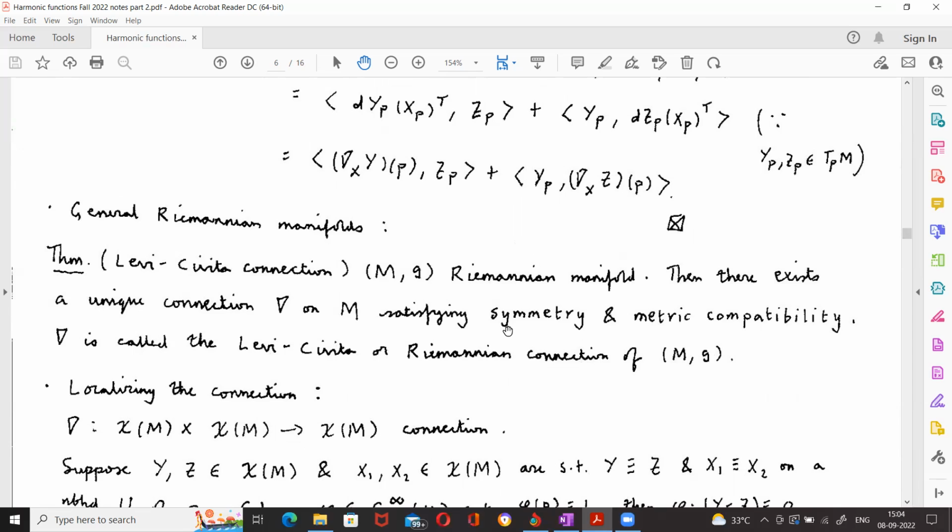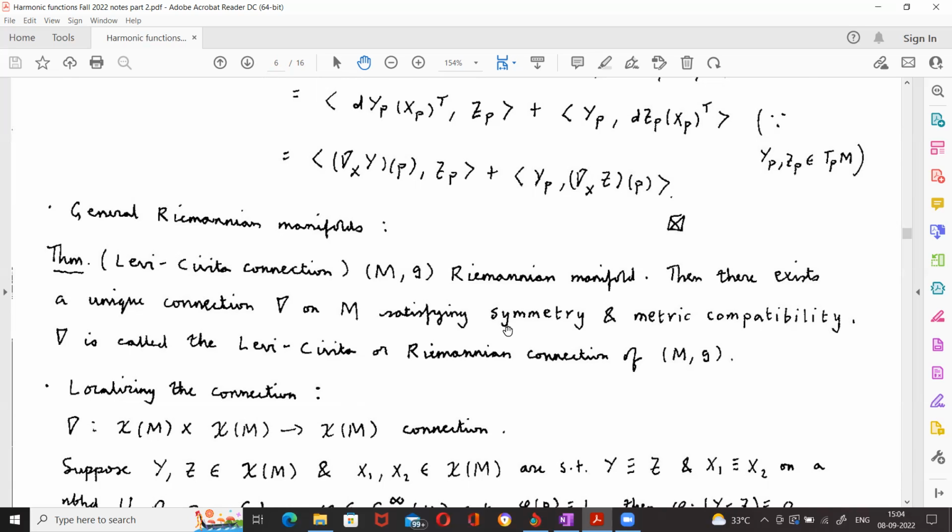Okay, so I'm not going to prove this, I'm just stating it. Is this all right? The statement is okay? Yes, sir. So this may seem abstract, but we know how to get the Levi-Civita connection for a submanifold of Rn, right?